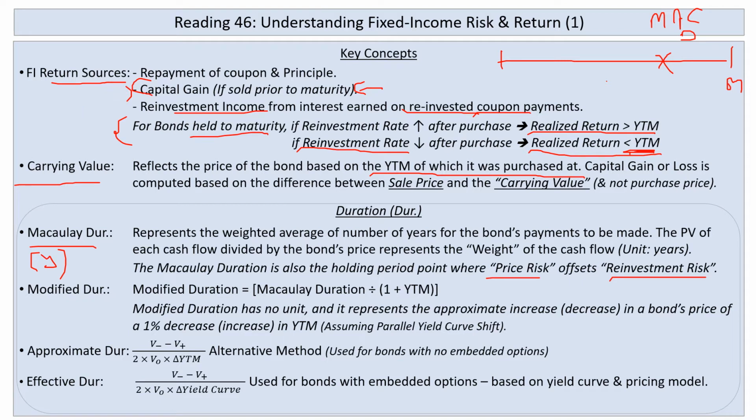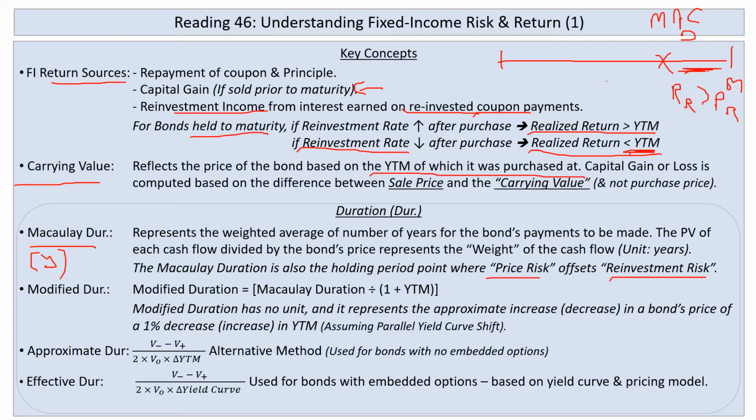When we were explaining earlier that bonds held till maturity would be affected by the reinvestment rate: if bonds are sold at this point over here, or held to maturity, then reinvestment risk is higher than price risk.